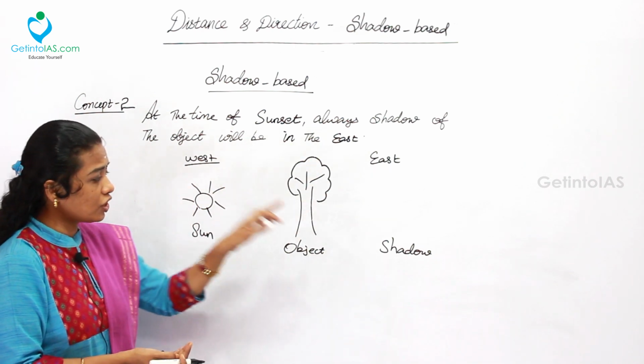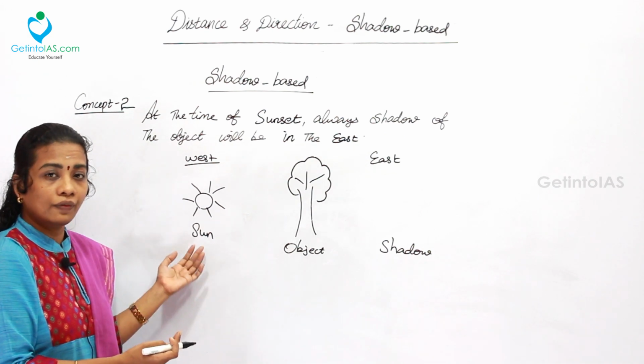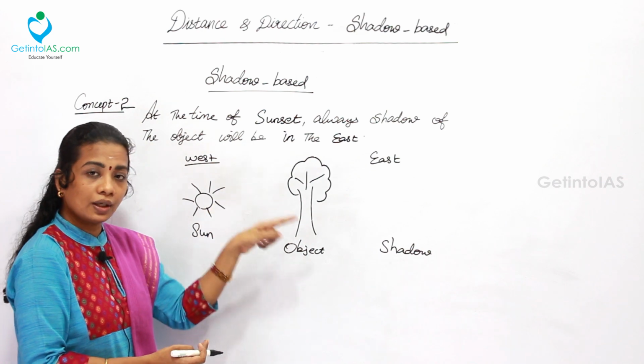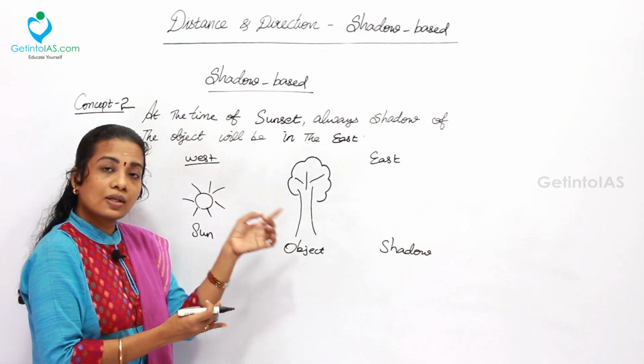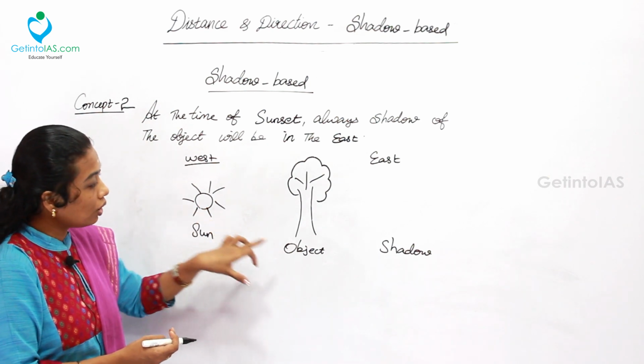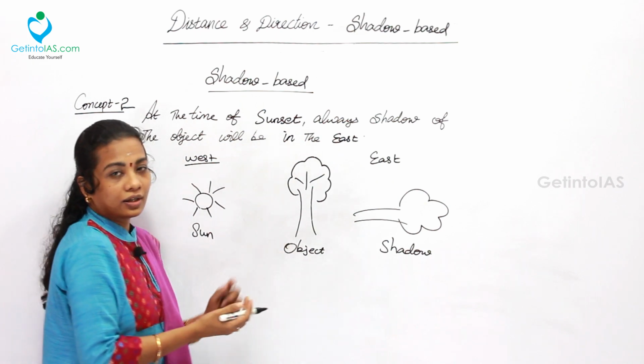Why? Because the shadow will always be in the straight opposite direction of the sun. For example, if the sun is in the west, the shadow will be in the east. Vice versa, if the sun is in the east, the shadow will be in the west.